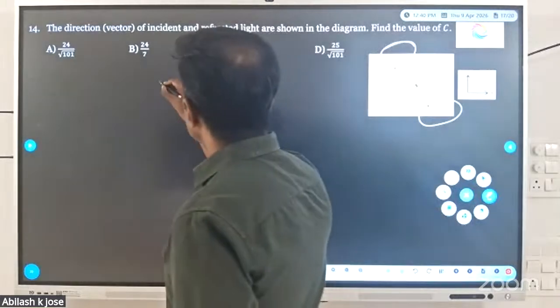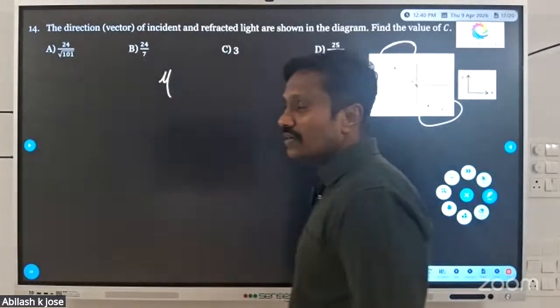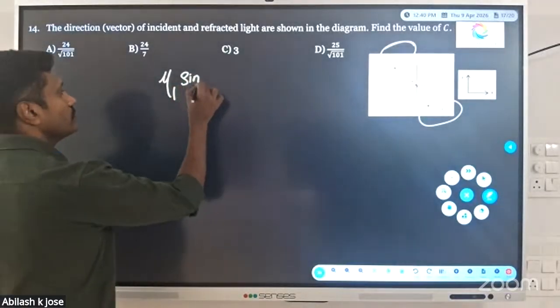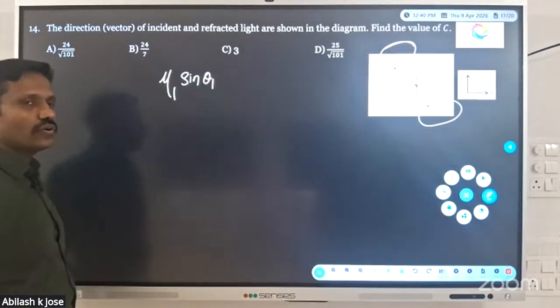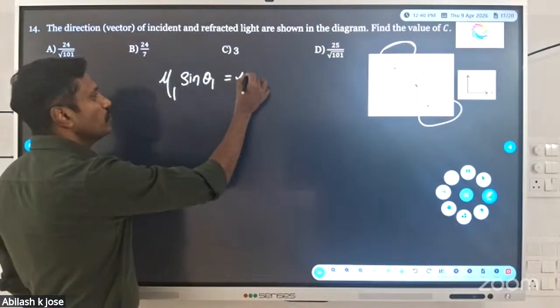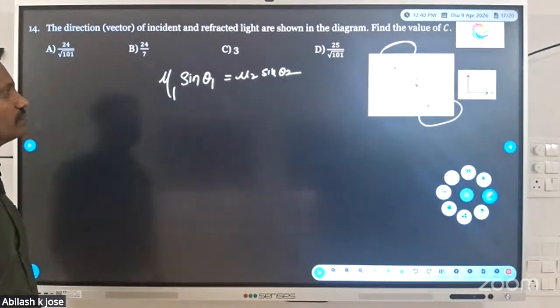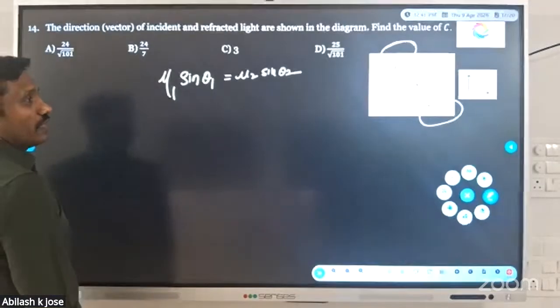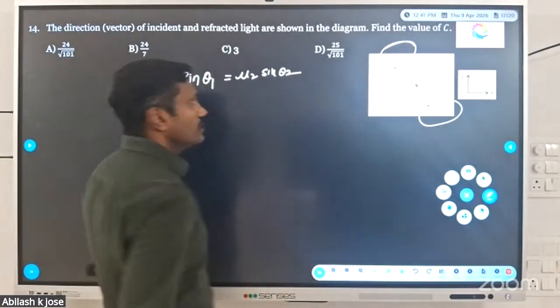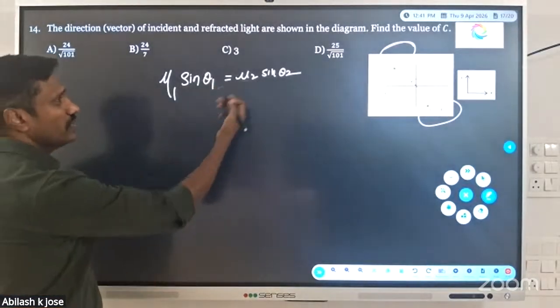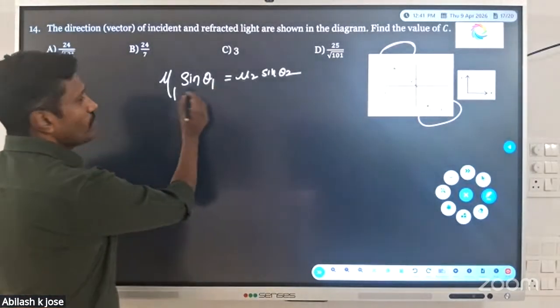If you write the formula for refraction, mu1 sin theta of incidence is equal to mu2 sin theta of refraction. So how do we actually present the derivation? We can do it like this.